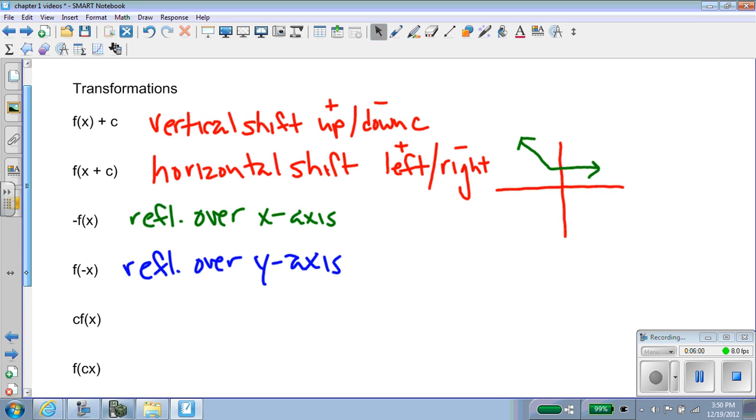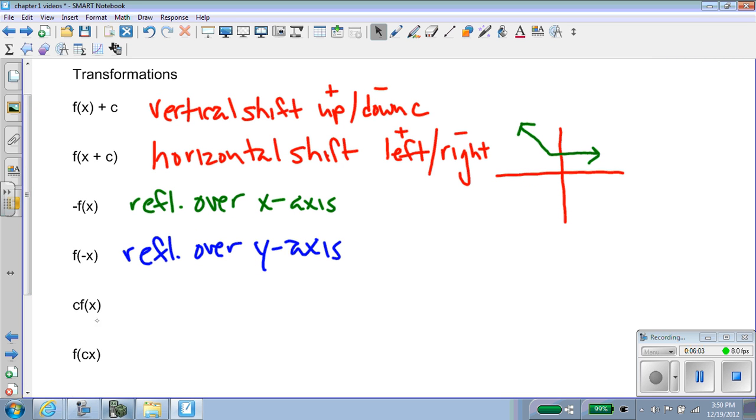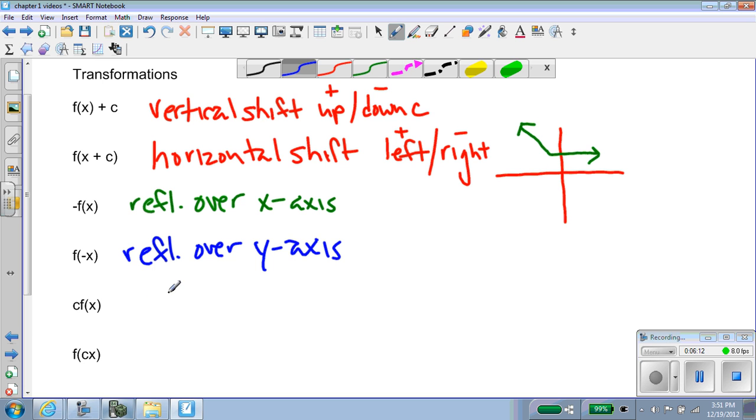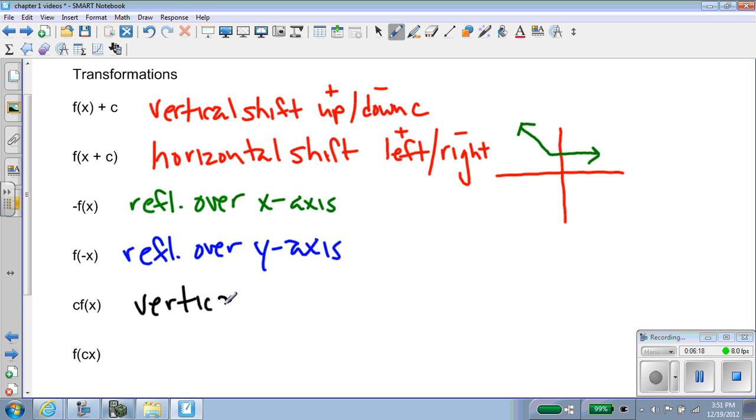c f of x, those were our amplitude changes for trig. For this, it's going to be what we call a vertical stretch. So the graph may get sort of distorted. It's like silly putty stretching vertically.